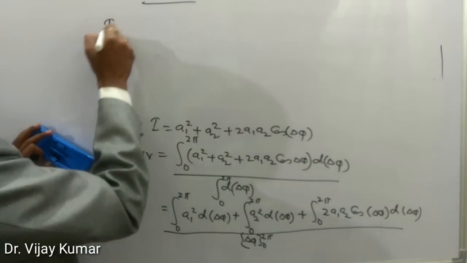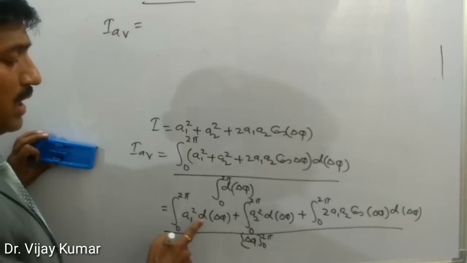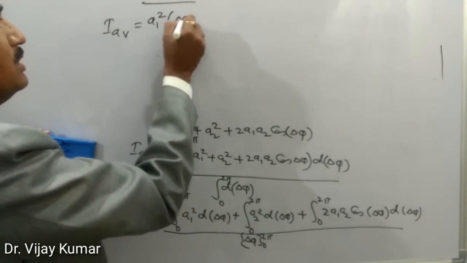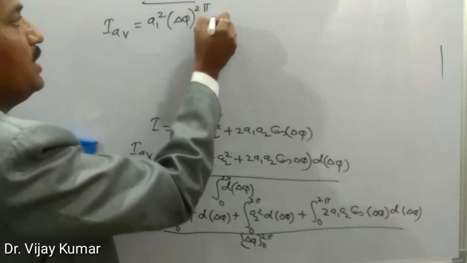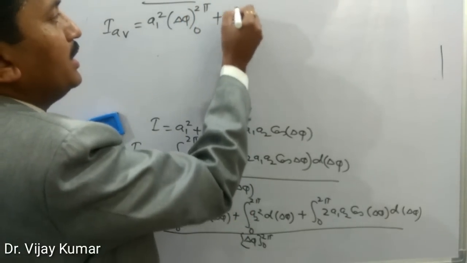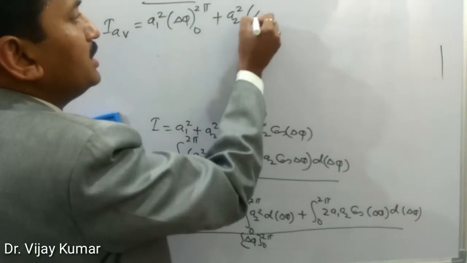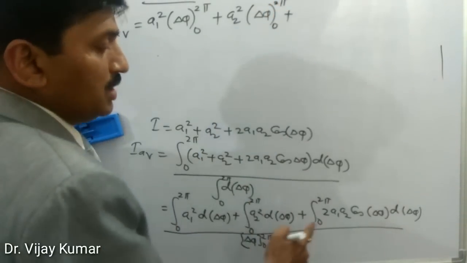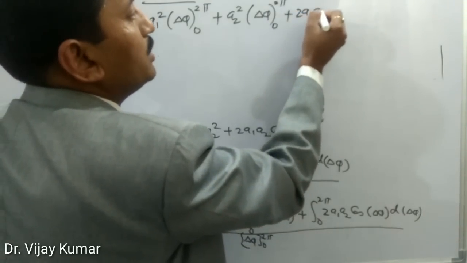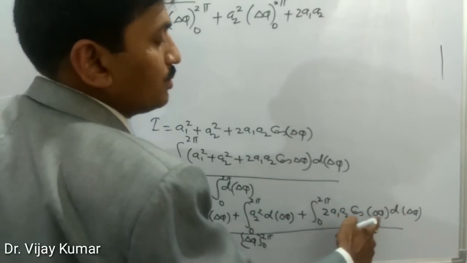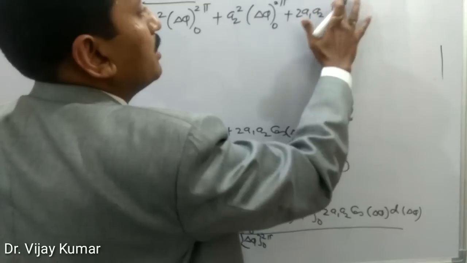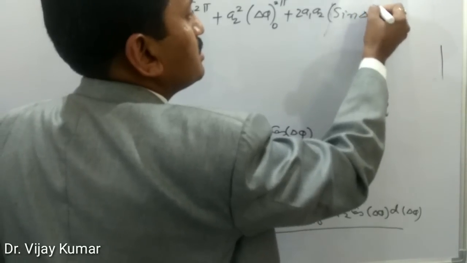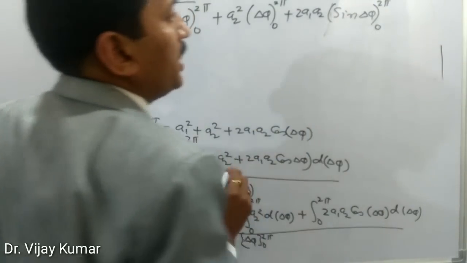We can write the average intensity. Here a1 square is constant, and the integration of d delta phi is delta phi, limit 0 to 2 pi, plus a2 square, again constant, integration of d delta phi is again delta phi, limit 0 to 2 pi, plus 2a1a2 constant, and the integration of cos delta phi is sin delta phi, limit 0 to 2 pi.